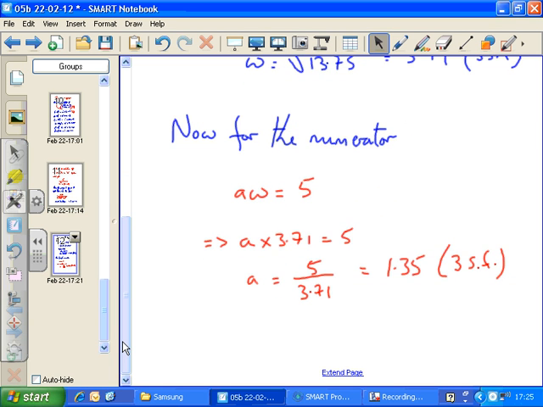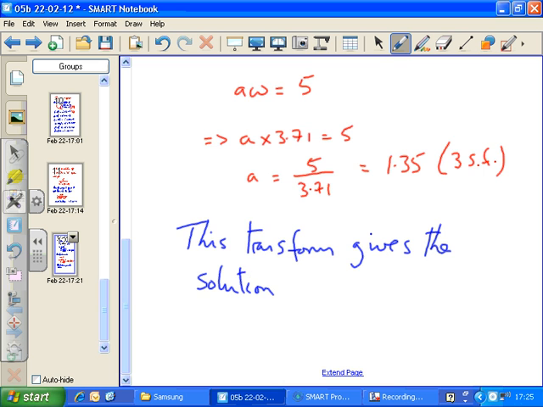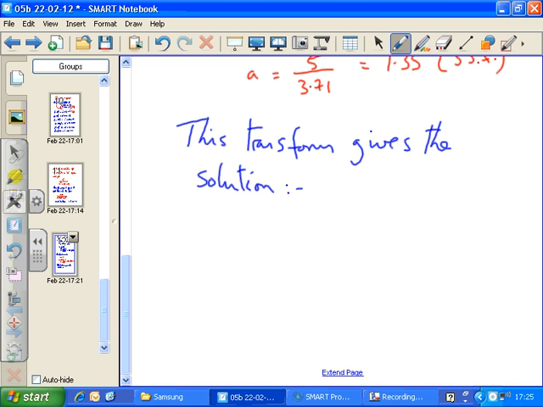So this transform gives the solution, actually sine: a e to the minus bt sine omega t. And so we could just plug in our values.